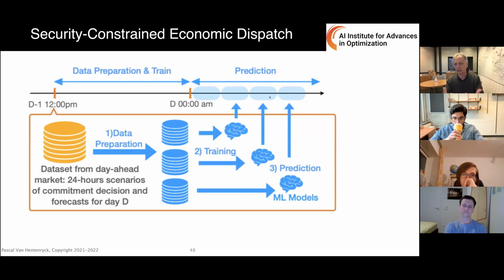So you don't really have to use all the complexity that I've shown you. And we have the time to do it because you can learn these problems every day as soon as you know the commitments. Because as I told you before, we have first the day-ahead commitment, and then we have the problems that we have to run for the entire day. So once again, we are exploiting some of the structure of the application here to simplify the machine learning problem.